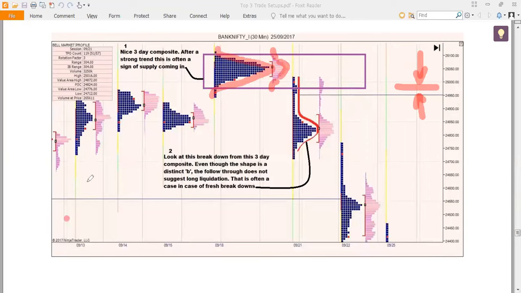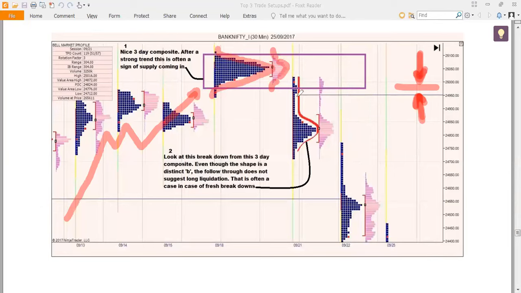And if the prior trend was up, then this balance will mean that the buying strength is now being matched by the selling strength. So any buying strength that was there which was causing this uptrend is now matched by the selling strength. So usually this is a sign which tells us that the first leg, so to say, of that move is over, or maybe there is a possibility of a top forming here.